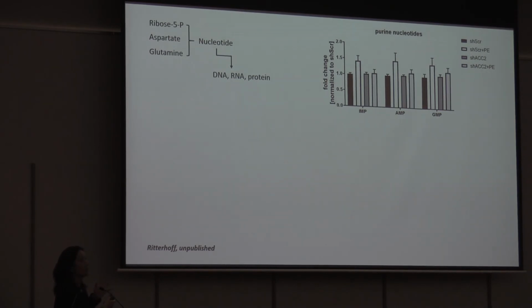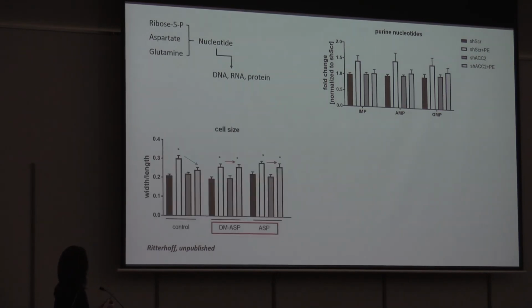To demonstrate this is really a causal relationship, we cultured cells in which we deliberately increased aspartate supply, either by cell-permeable aspartate or just dumping a huge amount of aspartate in the media. And we can restore this hypertrophy response even in the presence of ACC2 knockdown.